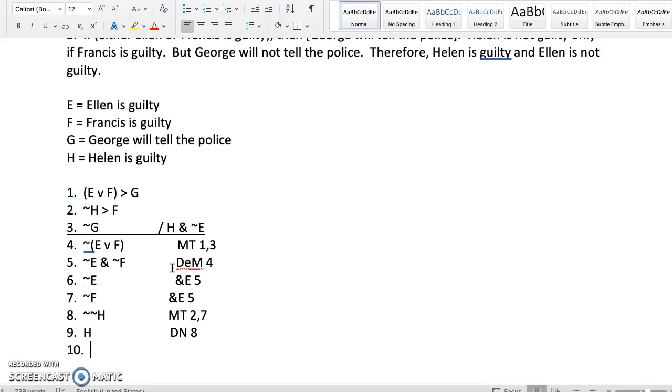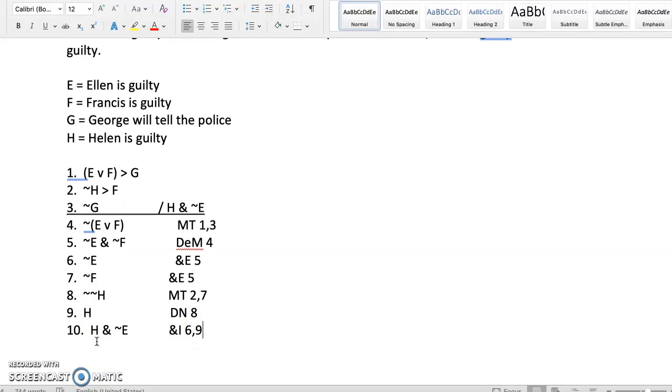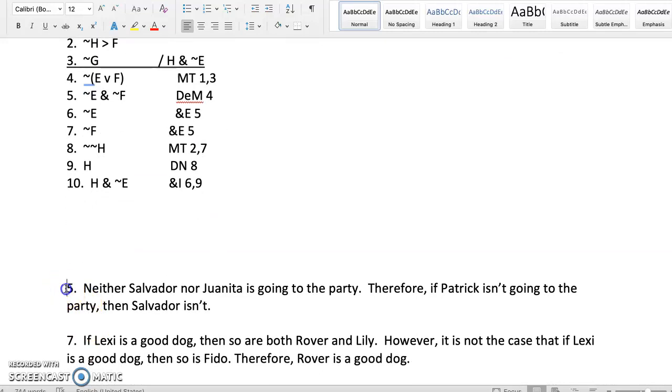And then our last step can be the conjunction introduction. So that's conjunction introduction of 6 and 9, right? So line 6, if you look, that's where we got not E. Line 9, if you look, that's where we got H. Okay, so that one's a little more complicated.